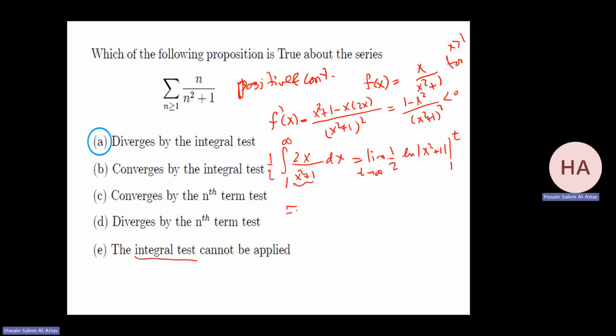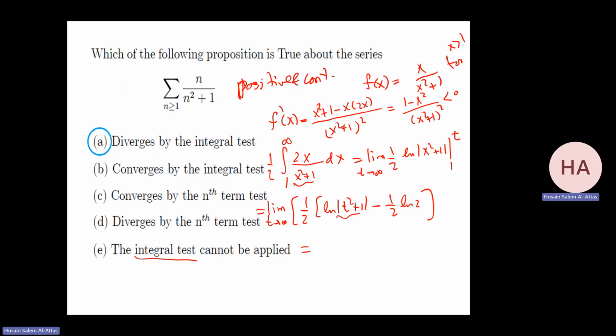Can do it quickly. That will be half ln of t squared plus 1 minus half ln 2. I need the limit, don't forget the limit, as t goes to infinity. That gives me what?